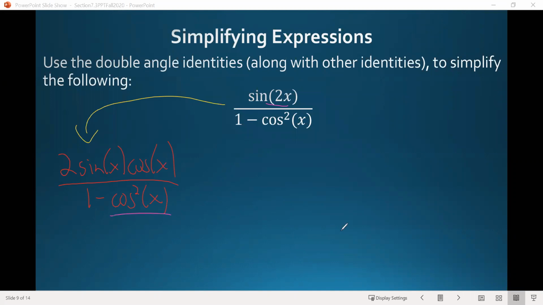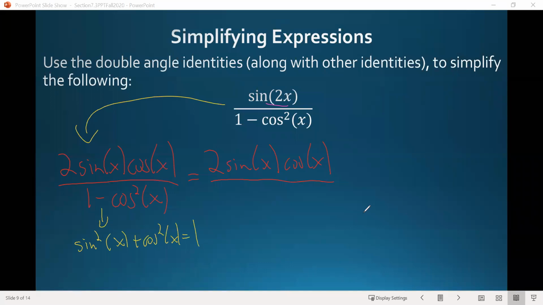Because we can't cancel any of the cosines with this because this cosine is being subtracted from 1. So we can't deal with that. So what might we do instead? Well, make this 2 times sine of x times cosine of x. 1 minus cosine squared, if you remember from our Pythagorean identity, sine squared x plus cosine squared x equals 1.